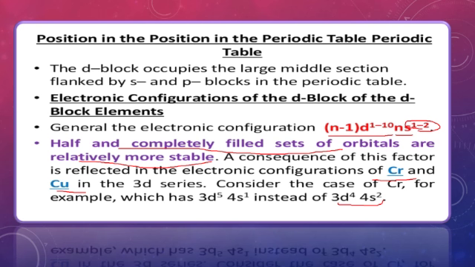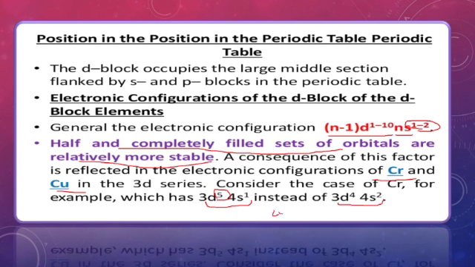But instead of this, it shows the electronic configuration 3d5 4s1, which is the exceptional one, to acquire extra stability, as it acquires the half filled stable electronic configuration. So, half-filled and completely filled sets of orbitals are relatively more stable.